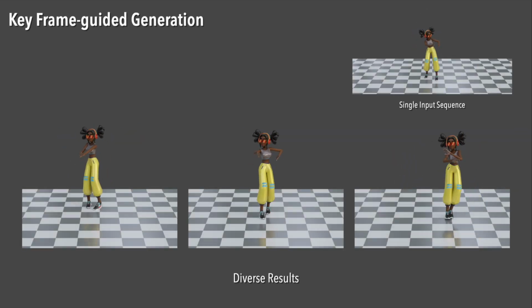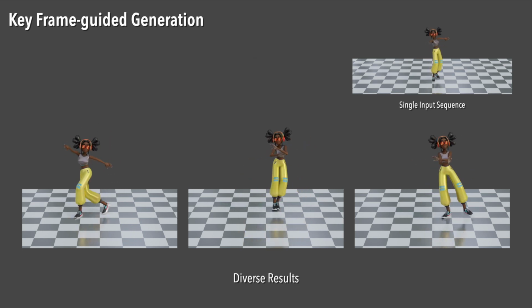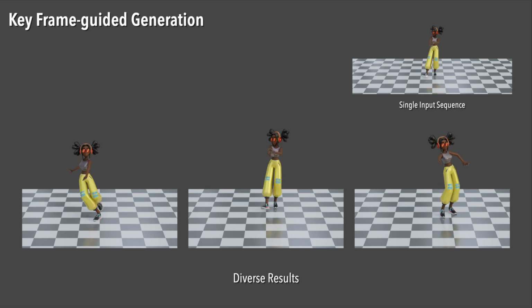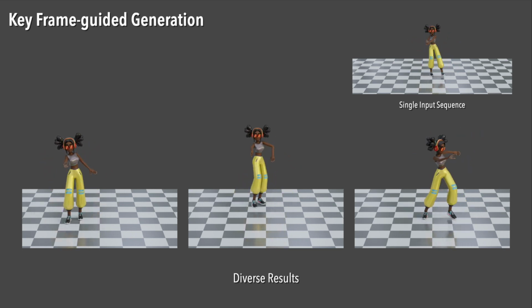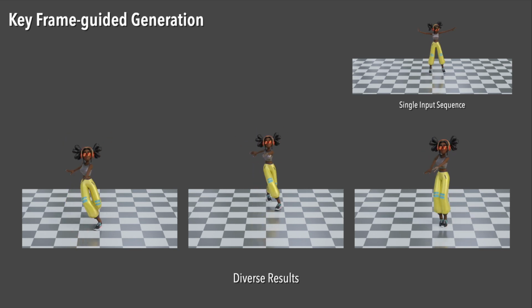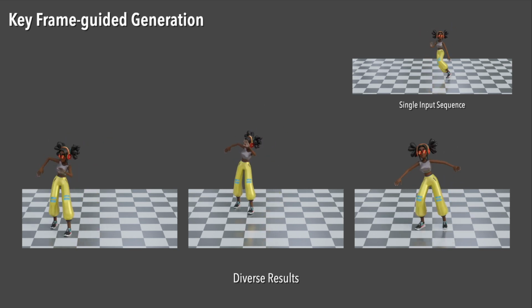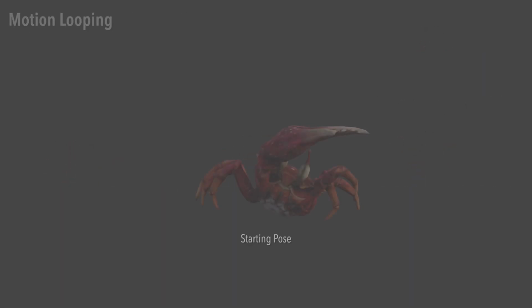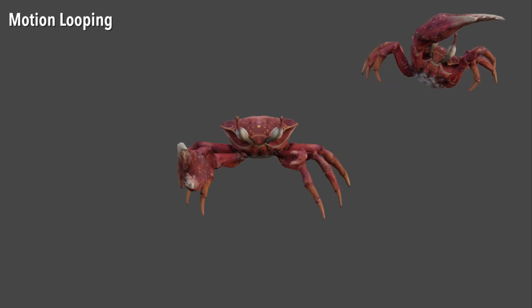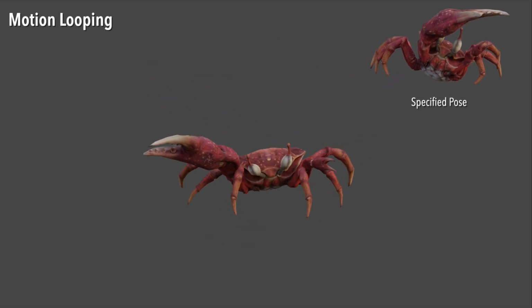Our method can also cope with sparse pose guidance distributed along the whole sequence. And when the starting and ending frames are specified to be the same, our method generates an infinite loop.